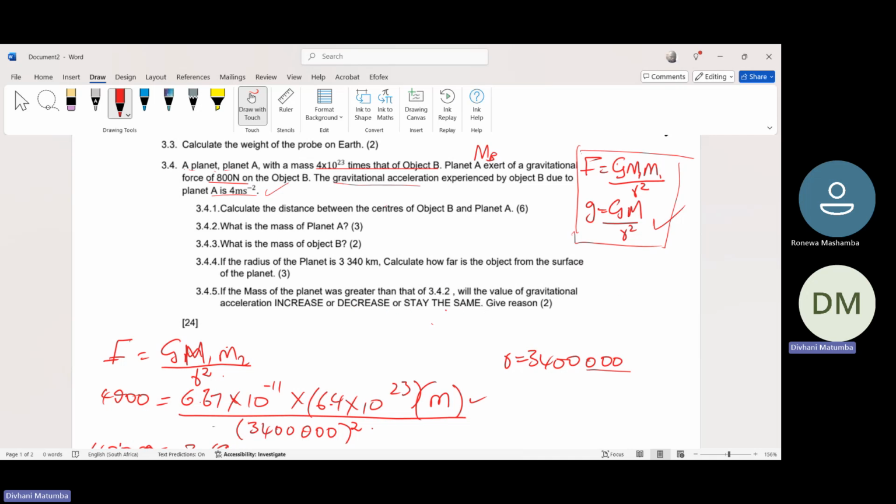Give the reason for your answer. If the mass of the planet was bigger than the one we have calculated, will the gravitational acceleration be larger? Will it increase, decrease, or stay the same?